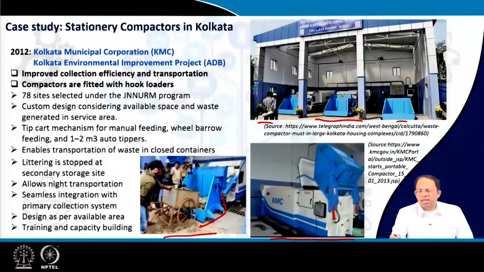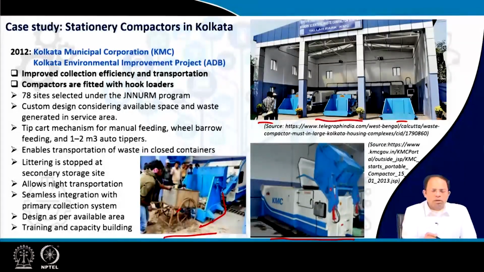So for the number of compactors utilized, one should always be there at site, so that whatever vehicles are bringing in garbage could directly deliver it into that compactor. Another one can be in transport, being carried over to the disposal site, and one could be spare capacity. In that way we can design the number of compactor units in a particular secondary storage point.